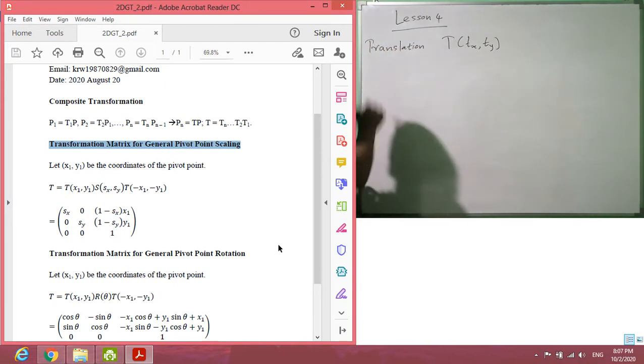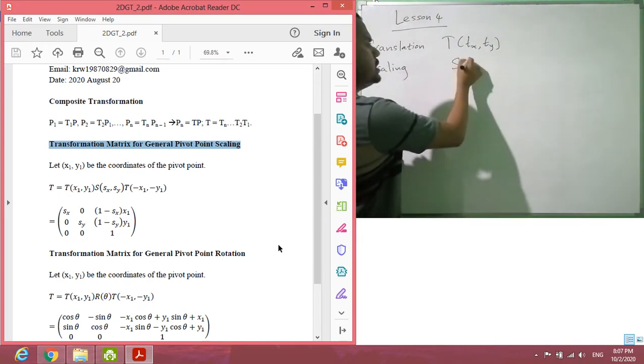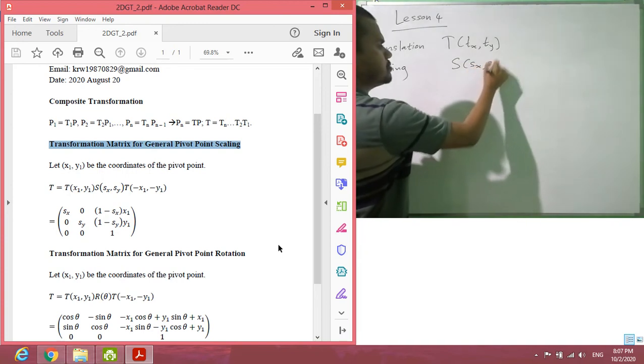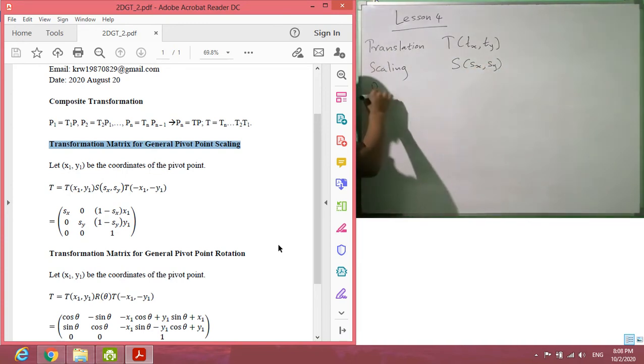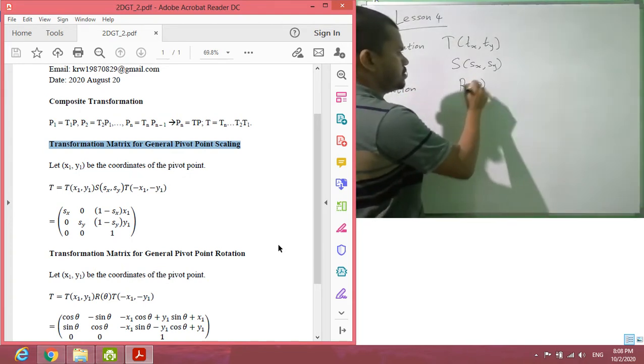Then for scaling we have studied this one. For rotation we have studied this one.